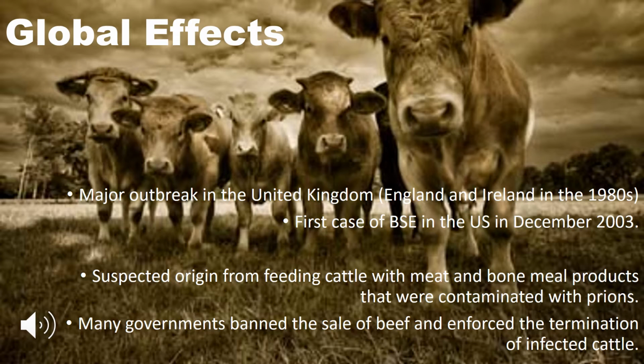And this could be true, because you get this disease if you consume infected tissue. So it would make sense if cows were being fed infected cows, and that's how the cases were so prevalent. Because of this, a lot of the governments had to ban the sale of beef, and they had to enforce termination of the infected cattle.